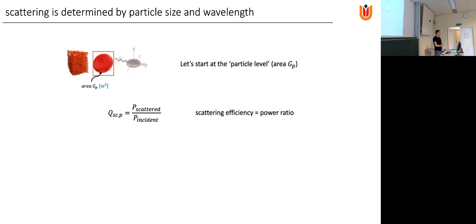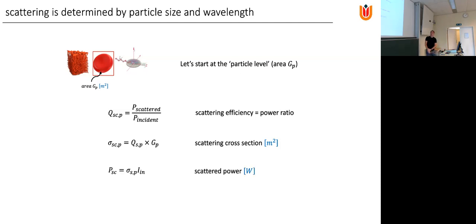Just as we did for the absorption coefficient, we calculate the scattering efficiency, the power ratio: the scattered power over the incident power. If you multiply that efficiency with the geometrical cross-section of the particle, we get the scattering cross-section, in units of area.